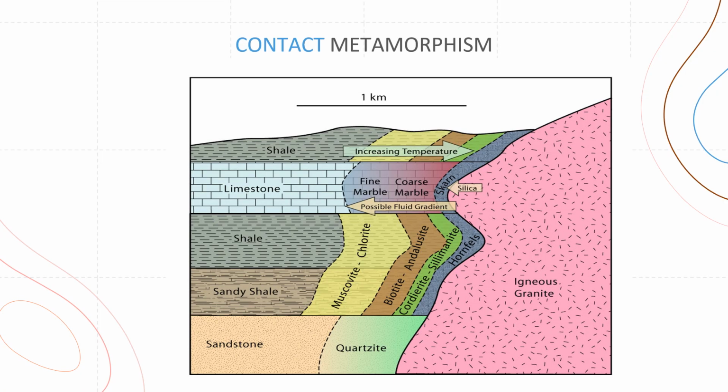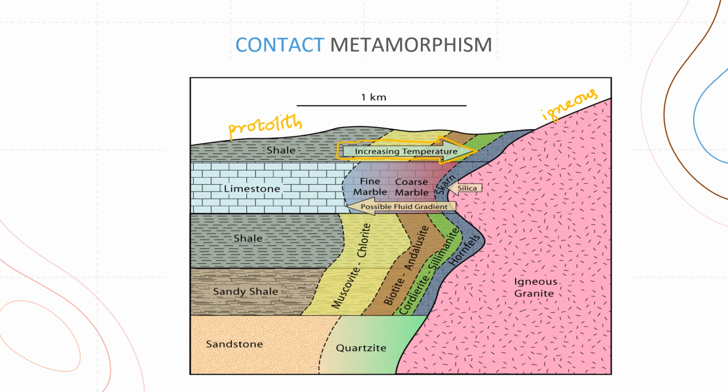Here is a diagram that shows an example of contact metamorphism. So we have our igneous source, and we have our different protoliths, so the different parent rocks. In this particular example, we have shales, limestone, and sandstone. Closer to our igneous source, the temperature would be higher, so we have increasing temperature in that direction.